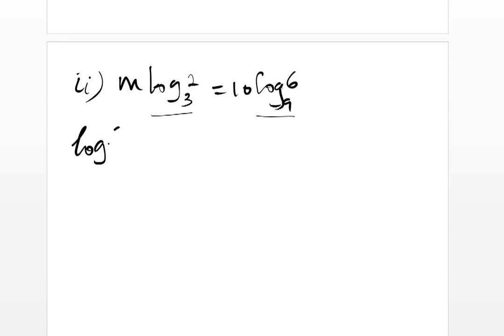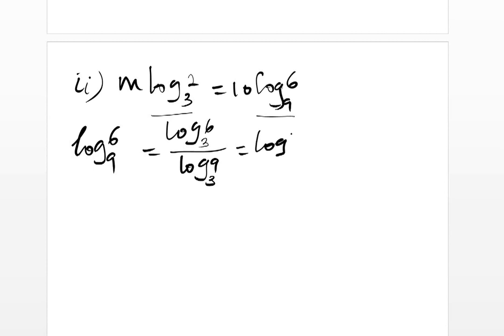So log 6 base 9, to convert to base 3, I will take log 6 base 3 divided by log 9 base 3, and log 9 base 3 is 2.